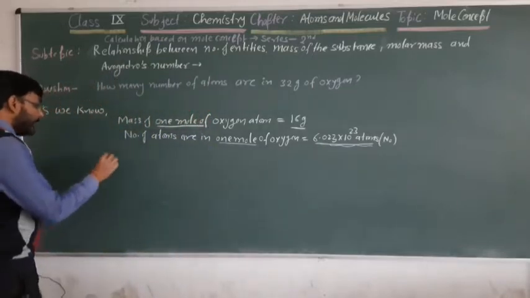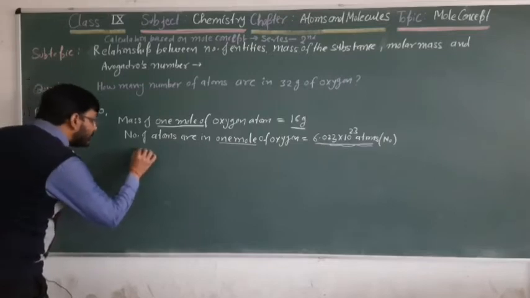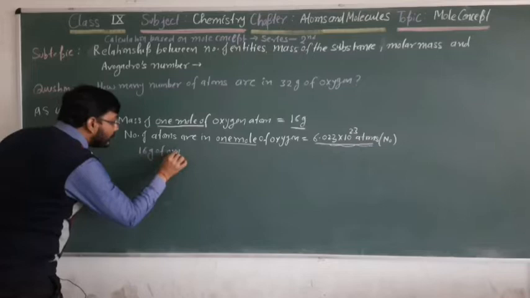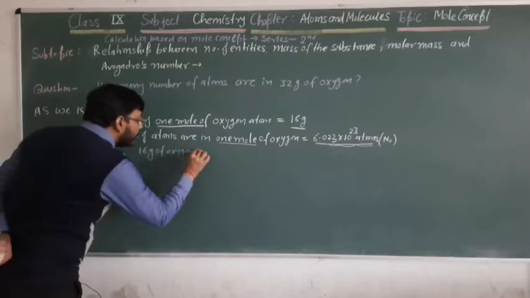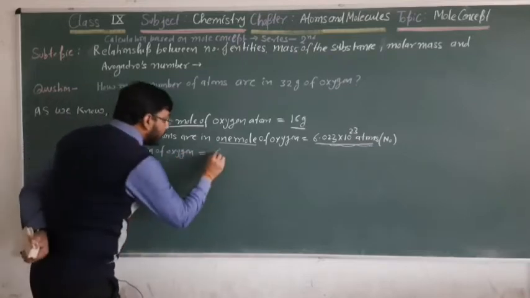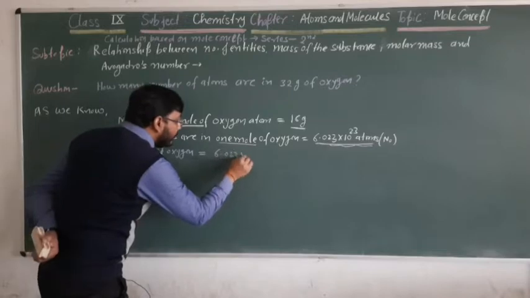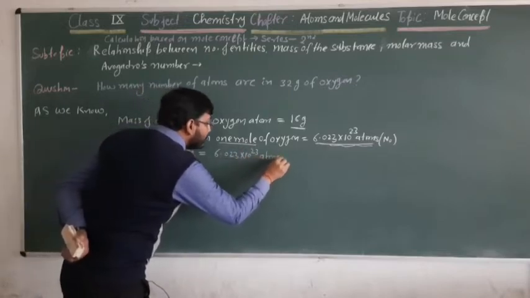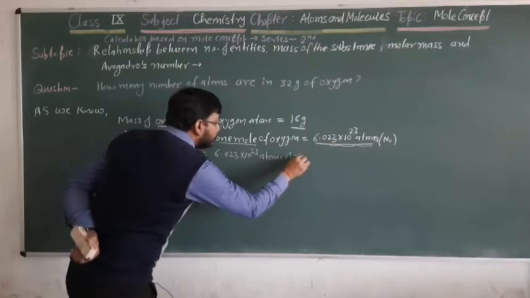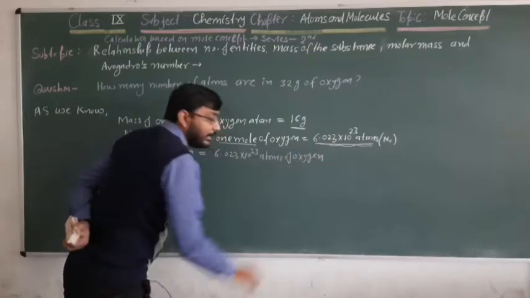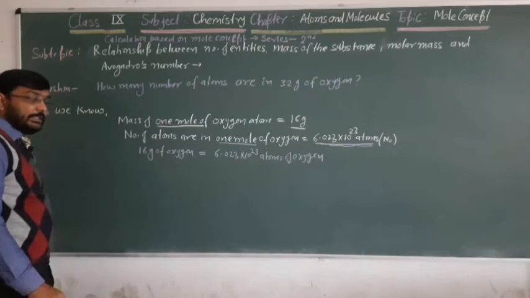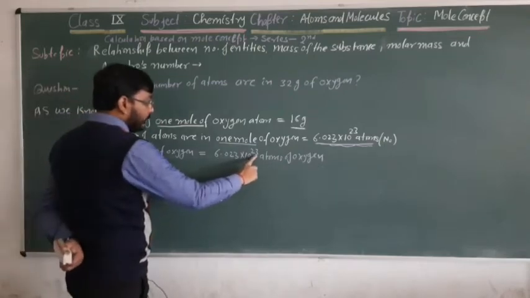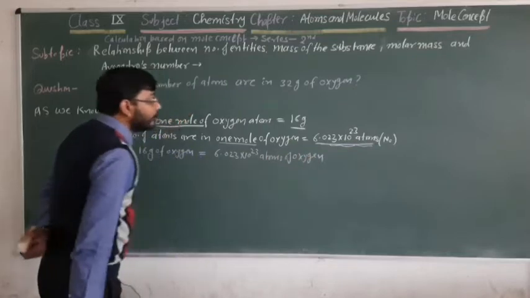So can we write 16 gram of oxygen is equal to 6.023 into 10 to the power 23 atoms of oxygen? Any confusion? I think no.